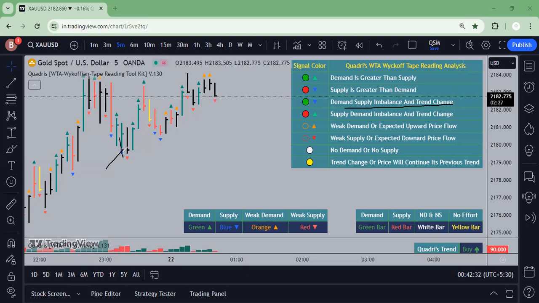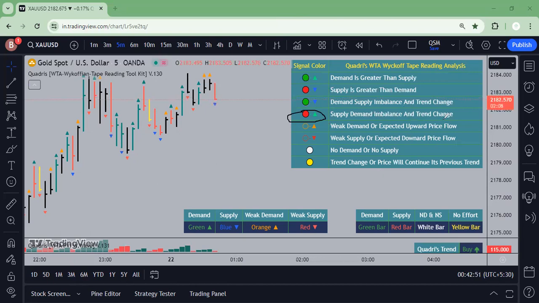Price was coming down, this printed, and we had price moving upwards.